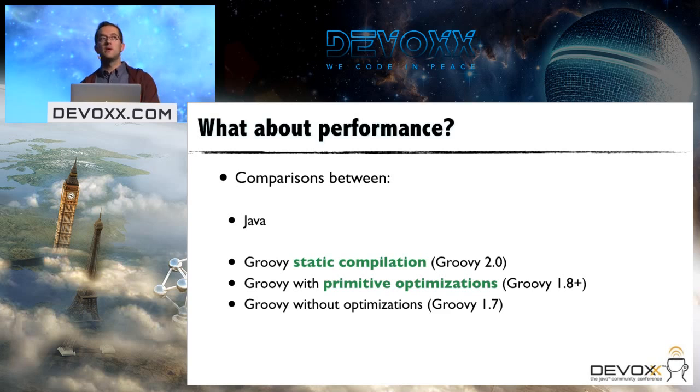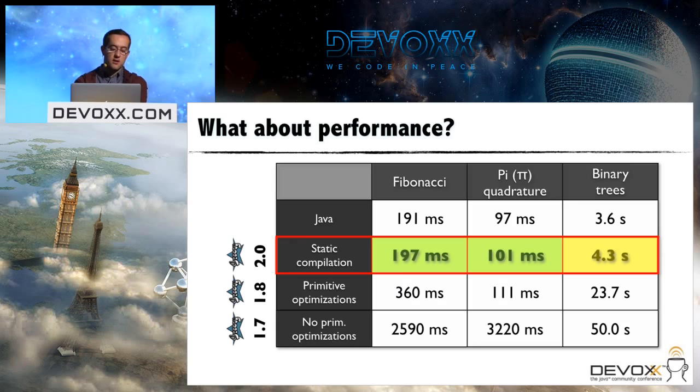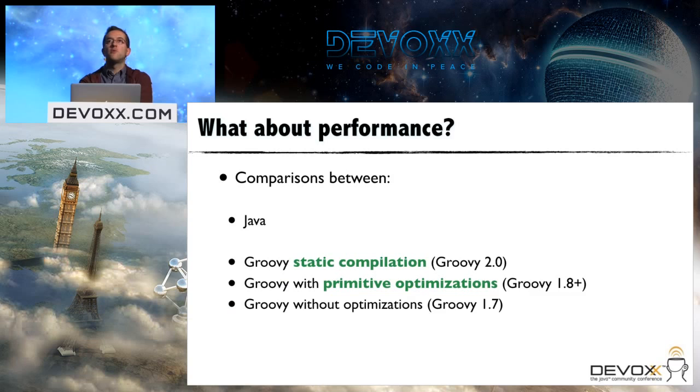And what about performance? So I did some experiments with some small micro benchmarks. Usually, if you've got a performance problem, before showing you the example, you'd better measure before trying to guess, because sometimes people just look at some silly micro benchmark published on the web somewhere and say, oh, Groovy looks slow.